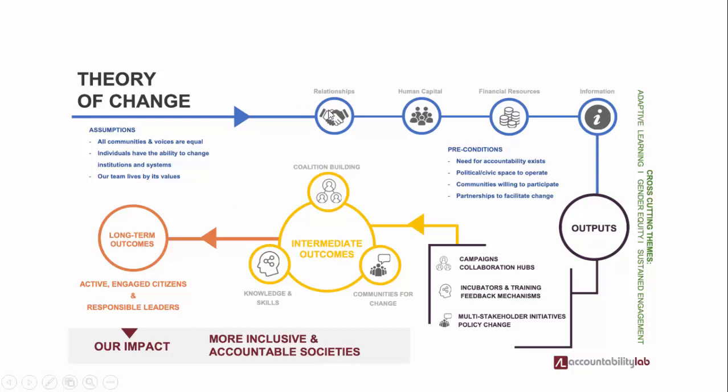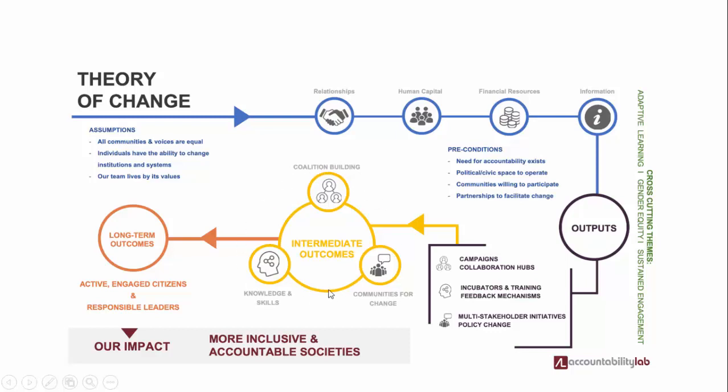So how do you get this impact? First of all, you need financial resources, you need human capital, you need to build relationships. And all this translates into intermediate outcomes. First you get to the output, then the intermediate outcomes: communities for change, knowledge and skills, coalition building.